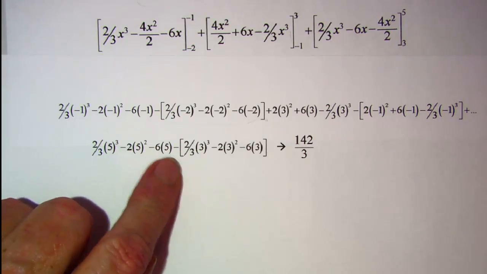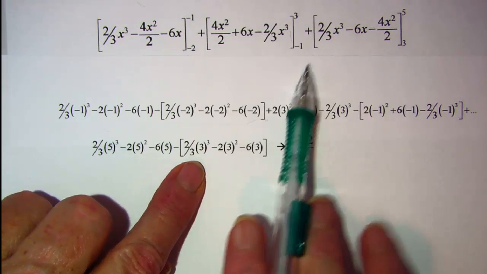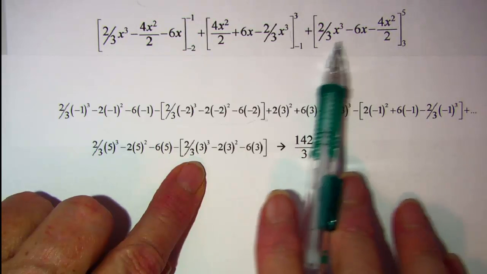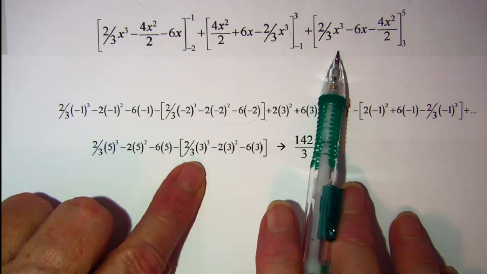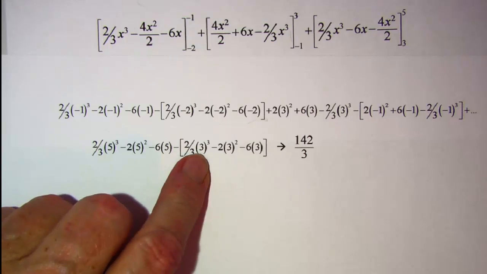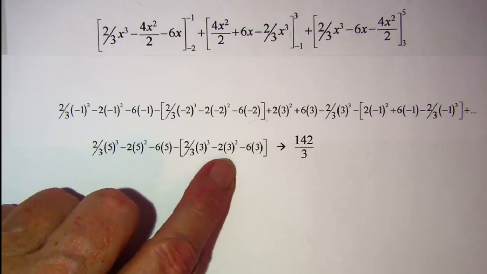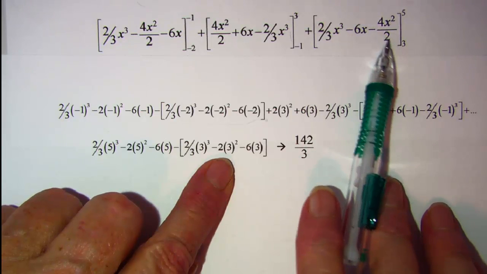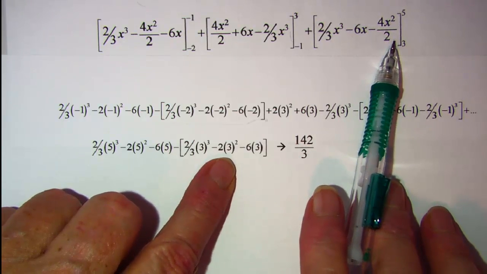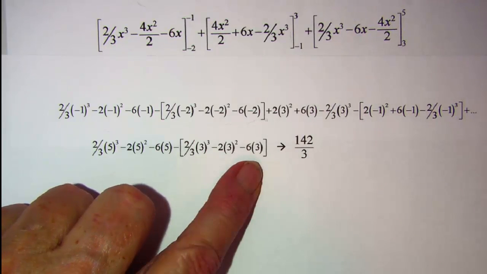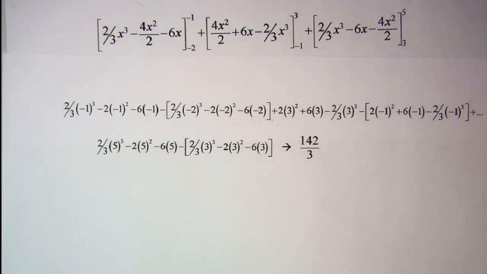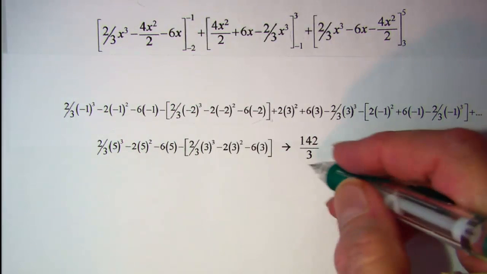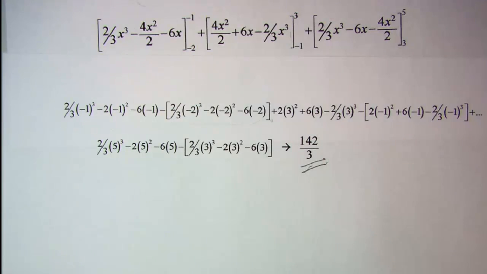Then subtract from that this expression with 3 subbed in. So 2/3 times 3 cubed, minus 2 times 3 squared, and then minus 6 times 3. Well, when you do all that math, you come up to be 142 over 3.